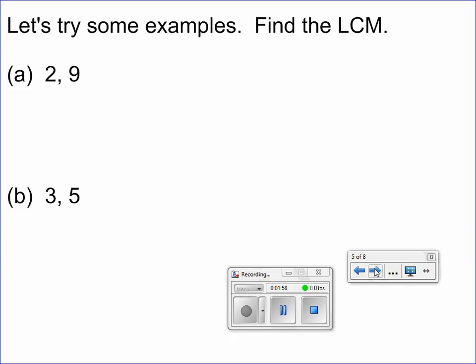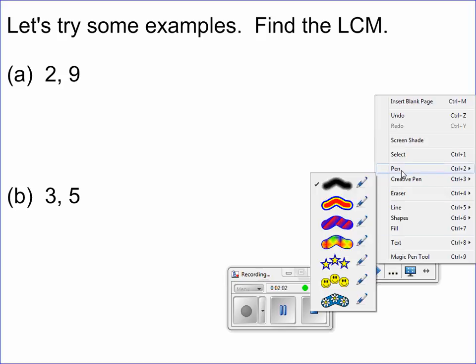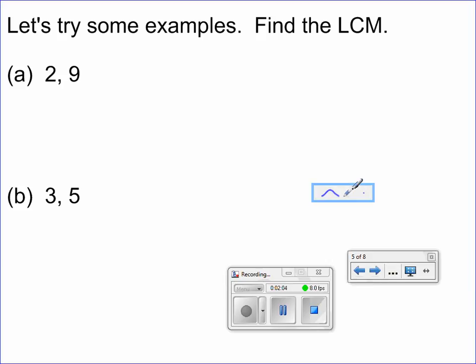All right, so I'm going to do these two examples here in this video, and then there are going to be some for you to try at home. So, lowest common multiple for 2 and 9. Okay, so for 2, we're just going to count by 2's.